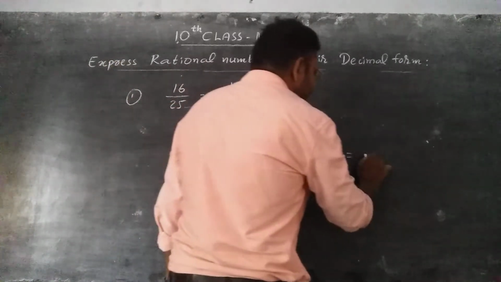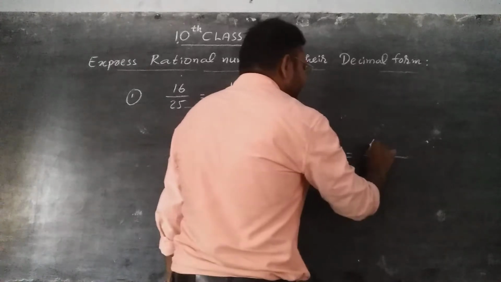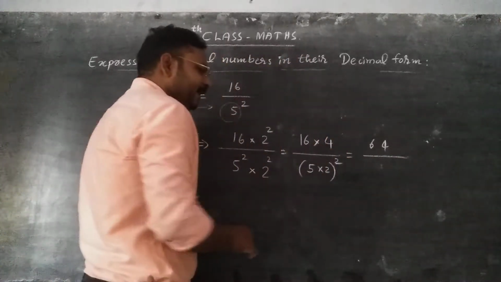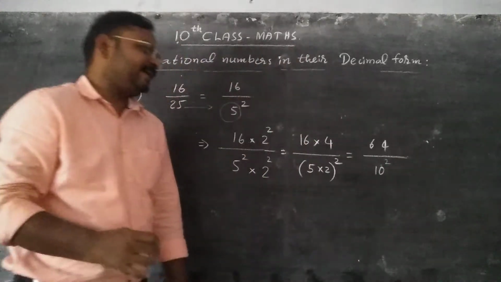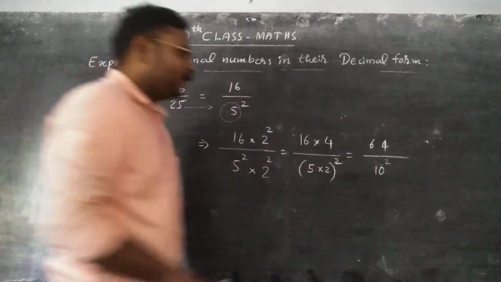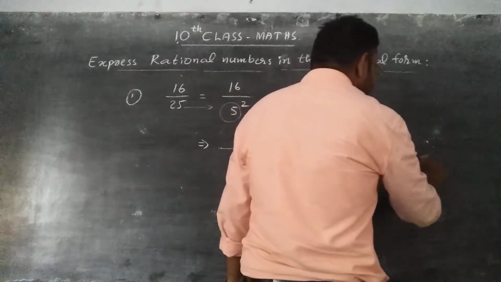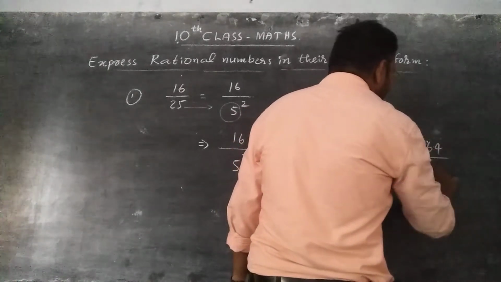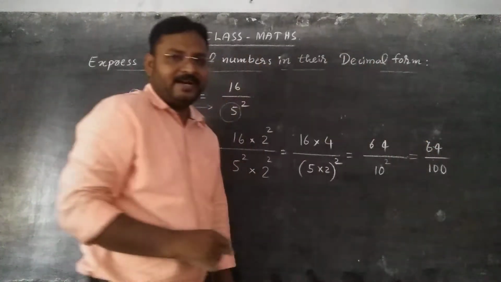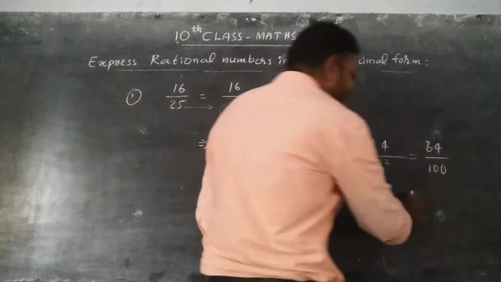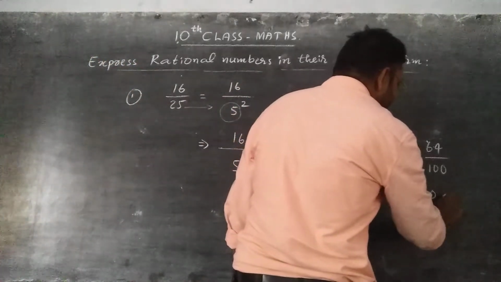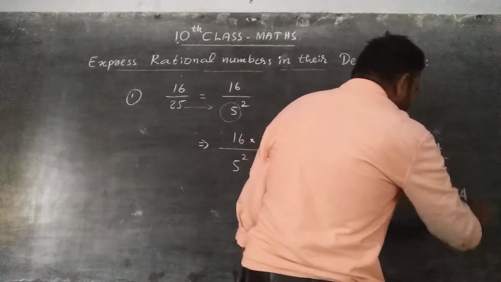Next, 16 fours are 64, divided by 5 twos are 10, 10 square, which is 100. Now 64 divided by 100 becomes 0.64.